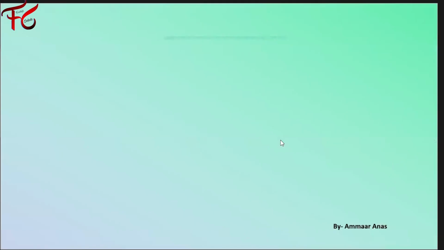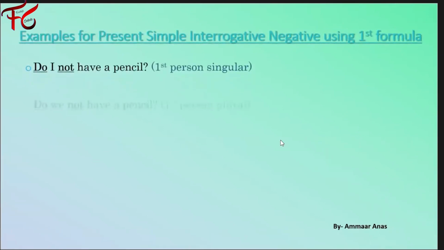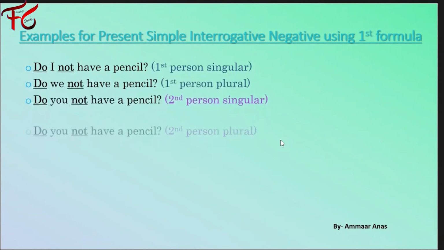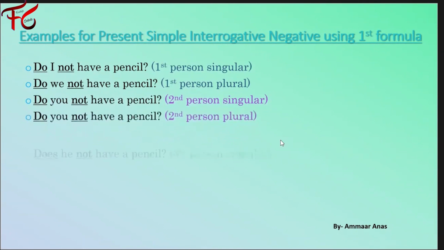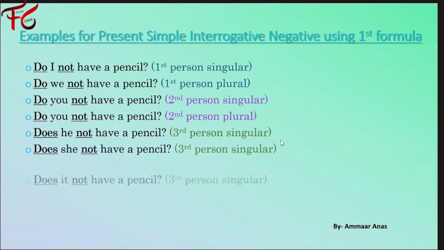First of all, we'll be looking into the examples of Formula One. Do I not have a pencil? First person singular. Do we not have a pencil? First person plural. Do you not have a pencil? Second person singular. Do you not have a pencil? Second person plural. Does he not have a pencil?